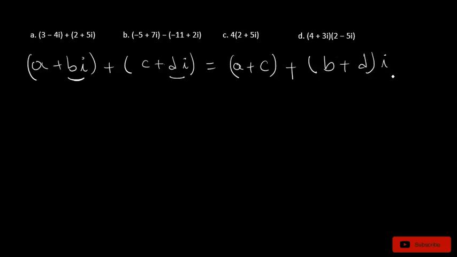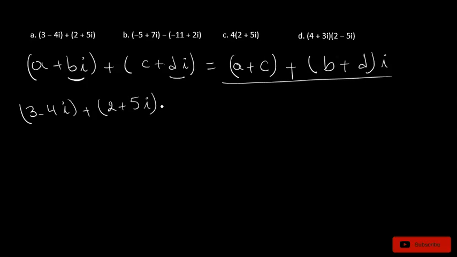I'm going to apply this to the first example: 3 minus 4i plus 2 plus 5i is equal to. We will add the real parts first, which means 3 plus 2, plus the imaginary parts, which are minus 4i plus 5i.